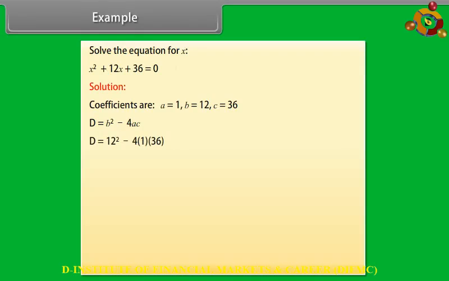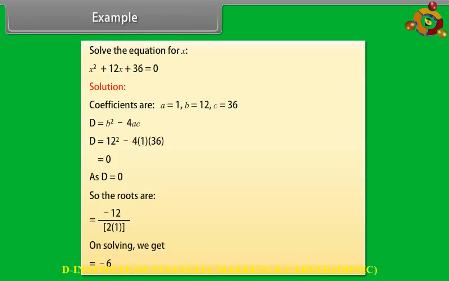D = 12² − 4 × 1 × 36 = 0. As D equals 0, the root is x = −12/(2 × 1). Now solving, we get x = −6.